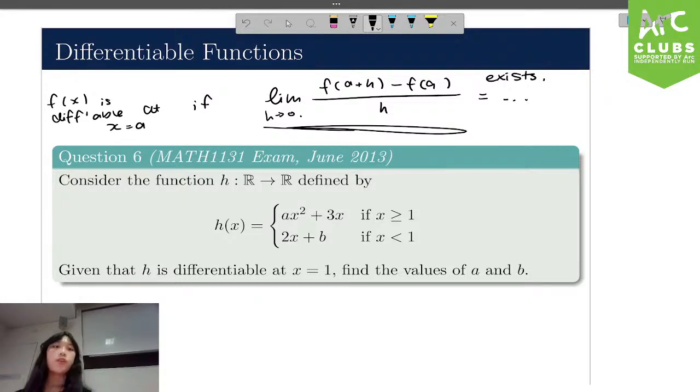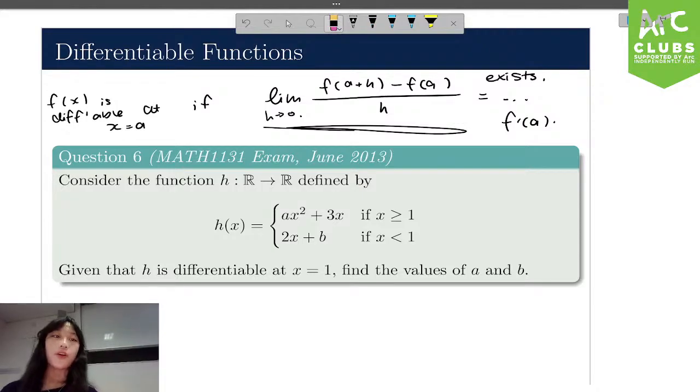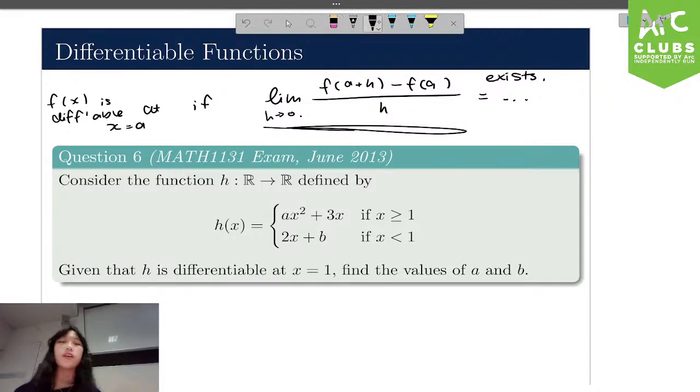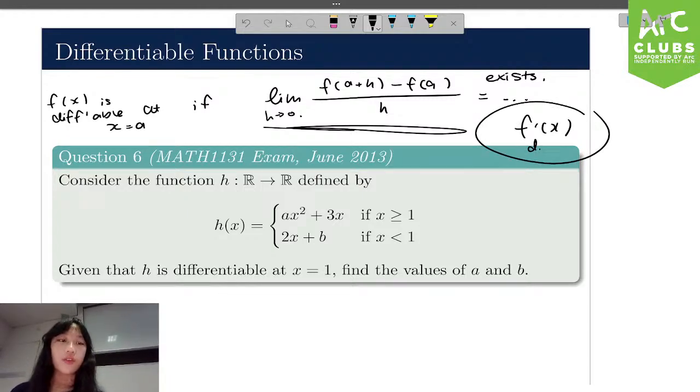And if it exists, then we can call it f dash of a. Same with x: if this difference quotient exists with x in place of a, then we say that f dash x exists, and we call this thing the derivative.